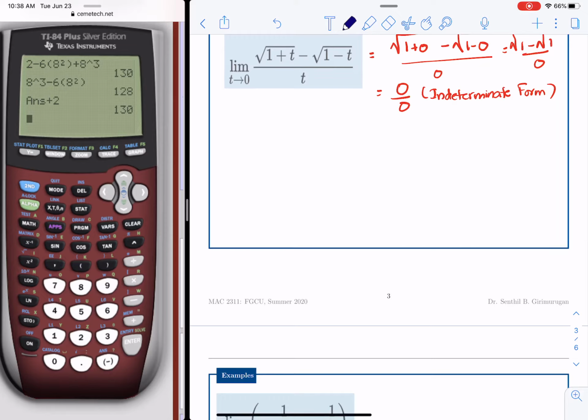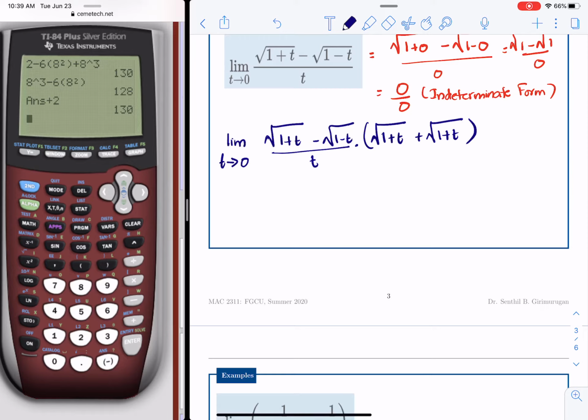We have to use a bit of algebra here. So what I'm going to do is try to remove the root in the numerator with a technique called rationalizing. If you recall in algebra, we can multiply by the conjugate.